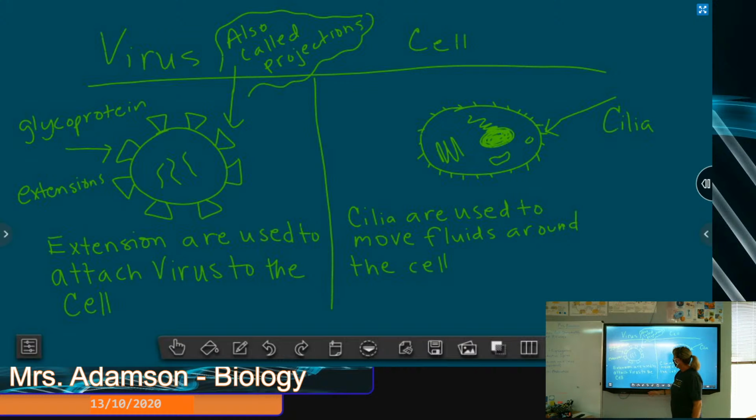But those little projections are glycoproteins, also known as extensions. Also, if you look up here, I added one, also called projections. If you see projection, extension, or glycoprotein on a STAR question or one of my unit questions, it's all talking about these little things that poke out of the virus. Those extensions are used to attach the virus to the cell.